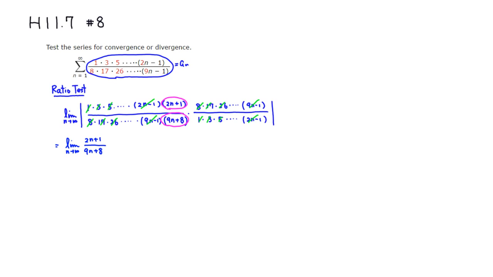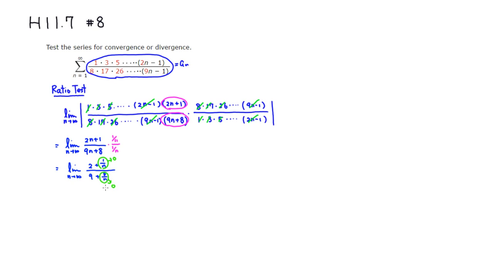Then we can just use the usual trick. We divide the top by n and the bottom by n. Then we get the limit as n approaches infinity of 2 plus 1 over n, over 9 plus 8 over n. You see that 1 over n approaches 0 because the denominator gets larger and larger.